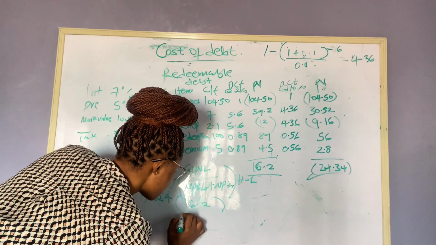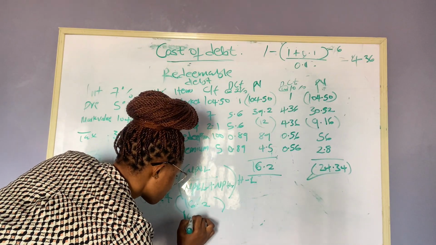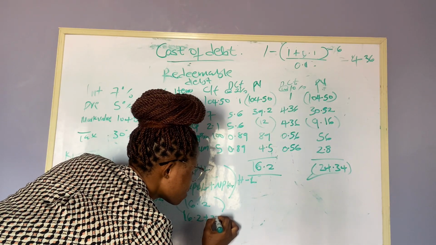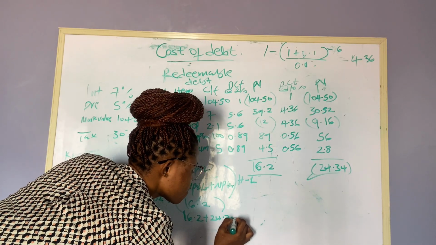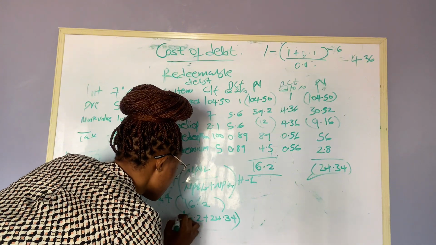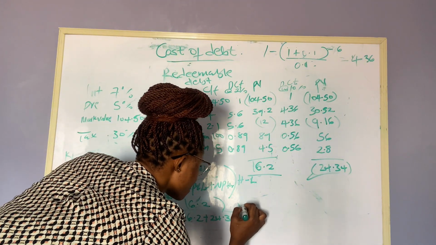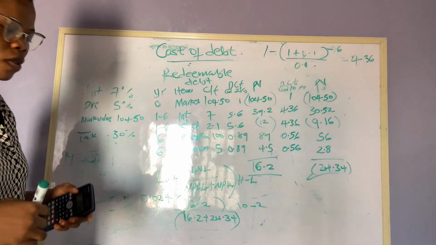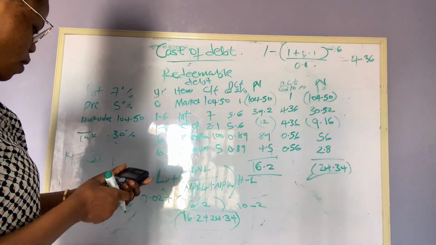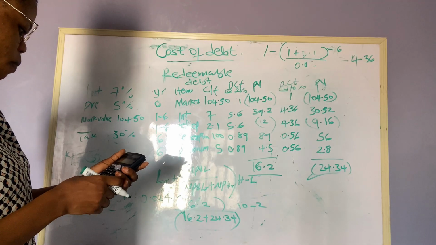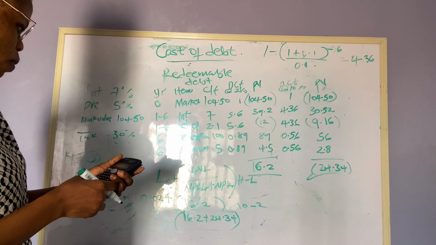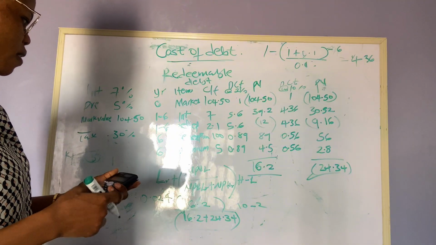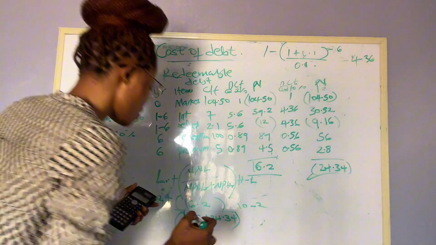So now we say, okay, 16 plus negative 24.34, then 10 minus 2. Okay, so now we're going to say 16.2 plus 24.34, that's 40.